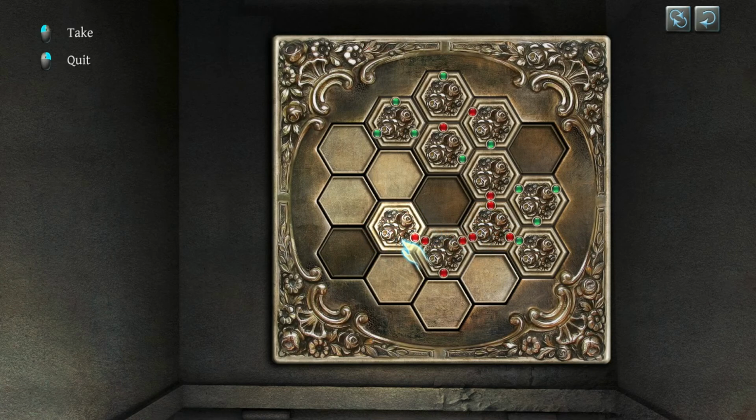Basically, there's nothing around this except one red. Maybe we should use that as a starting point? I don't know. We have a green one also.